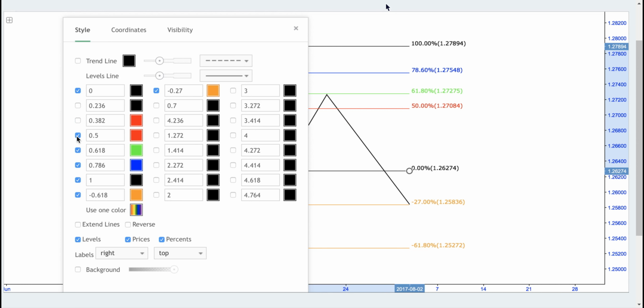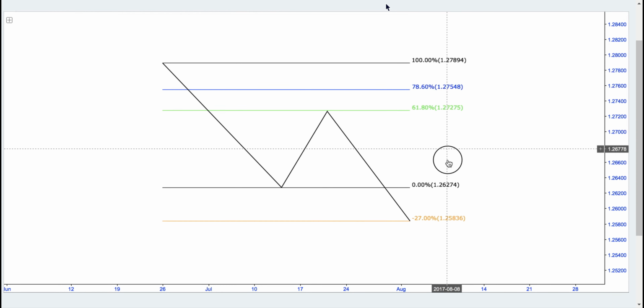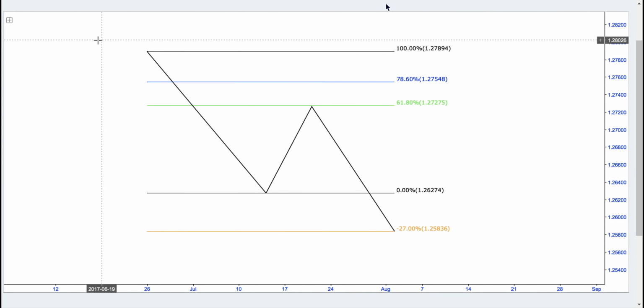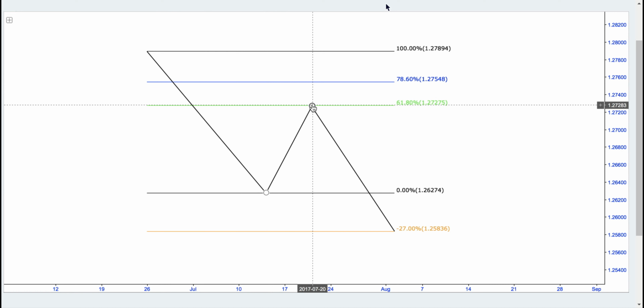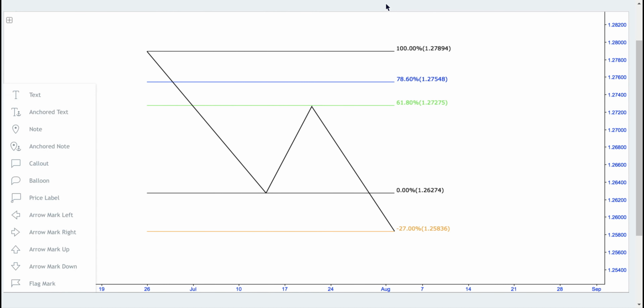Remove the 38.2, remove the 50%, and remove D2. So now what we're left with is fib A, 100% down to fib B. Fib C is going to come in 2 variables.